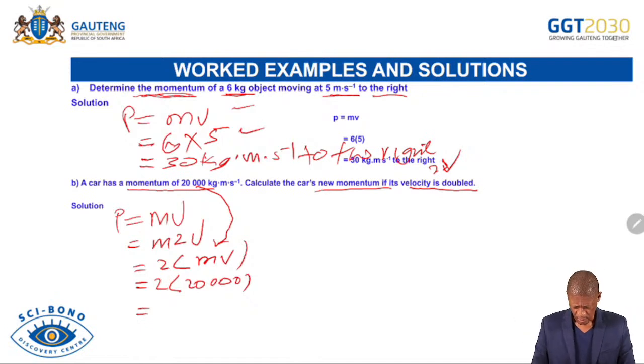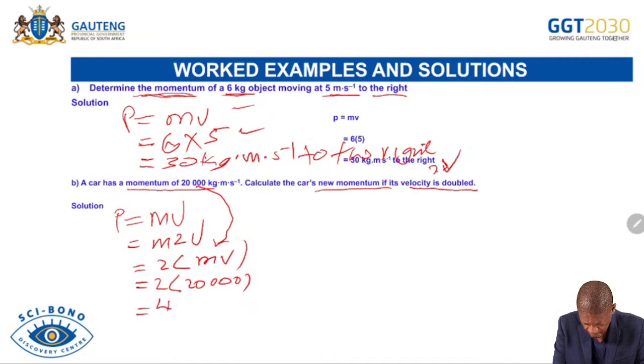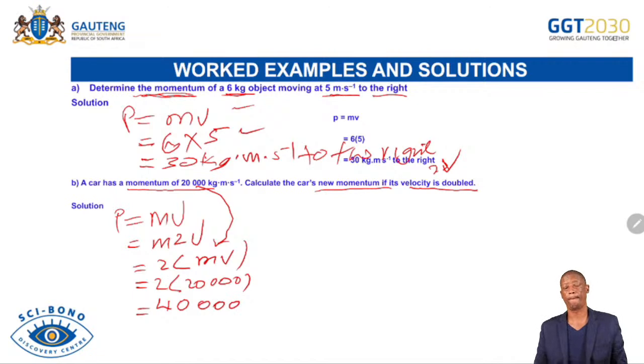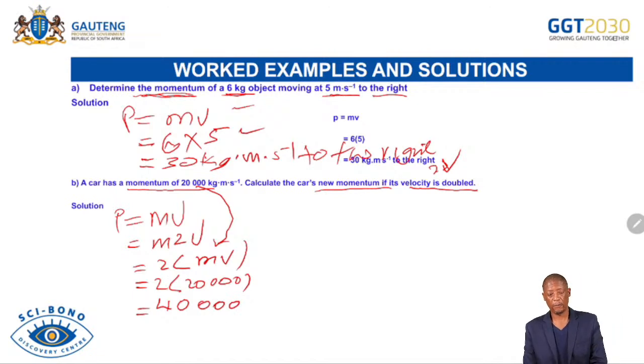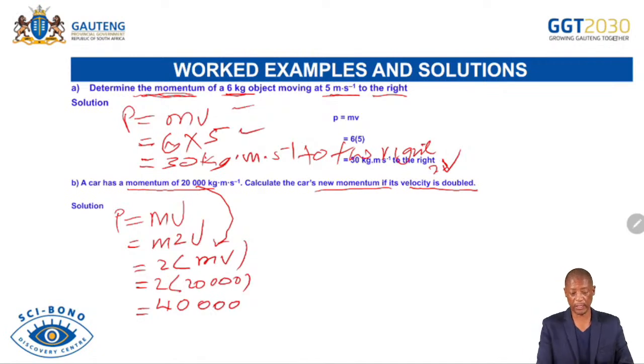Now, we have the calculator. We say 2 multiplied by 20,000. Then it gives us 40,000. Right. Now, this is the momentum that they want, because we're calculating momentum. Right? Now, I want to emphasize this.